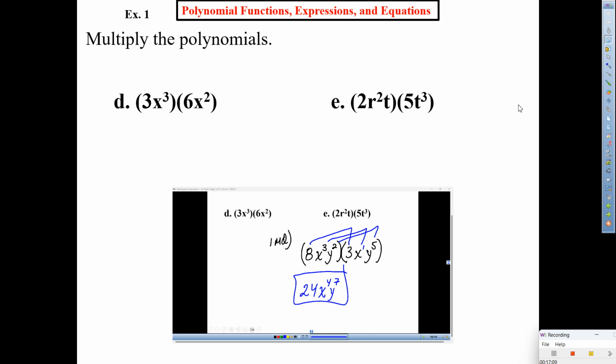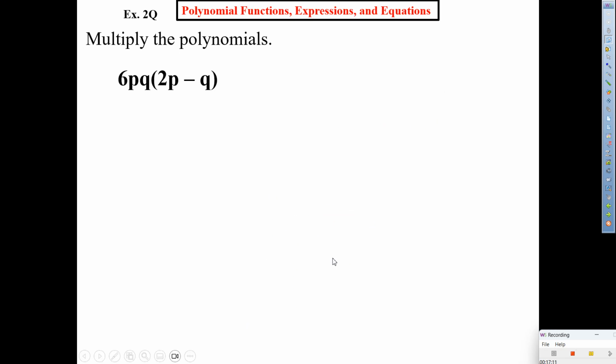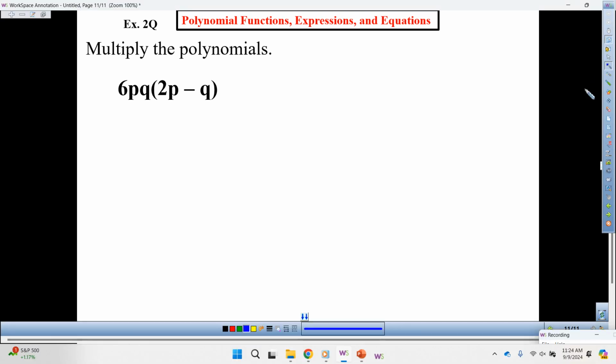From there, I gave you guys a binomial that looked like this. Is that correct? Okay, writing utensils down. Look up to the screen. Once again, I'm going over this one more time just to make sure you get it. So now we have monomial times a binomial.